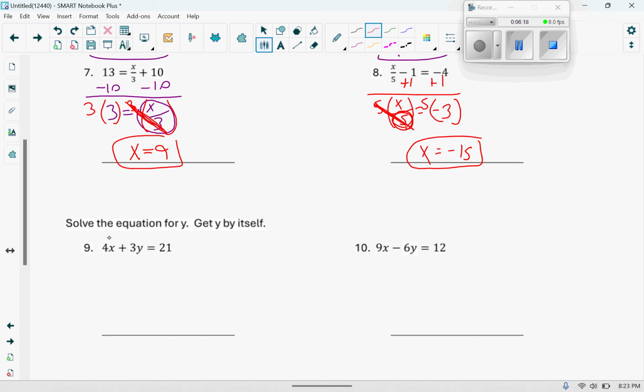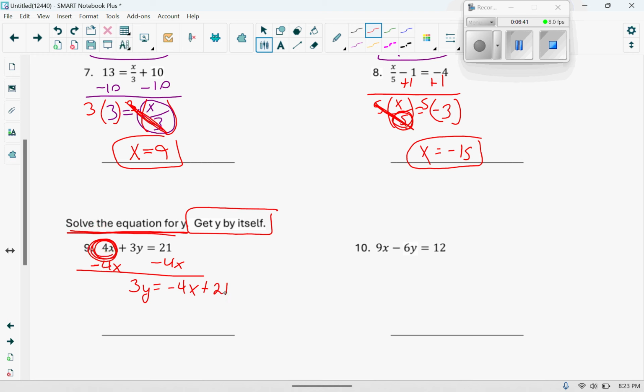Okay, now we're going to go a different direction. Notice we're not going to have a nice answer. We're just going to solve for y. What that means is to get y by itself. Anytime you do this, you're going to get rid of the term that doesn't have y. So I want to get rid of that term, so I'm going to subtract 4x. When I subtract 4x, I get 3y is equal to negative 4x plus 21.